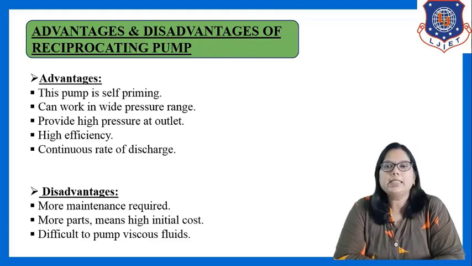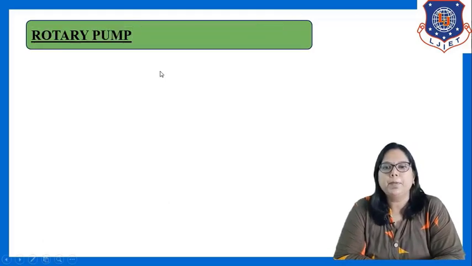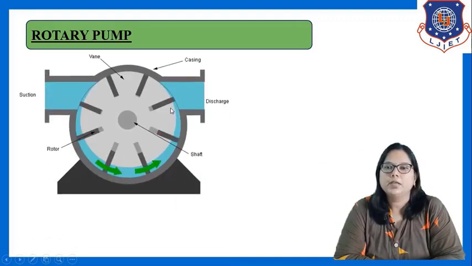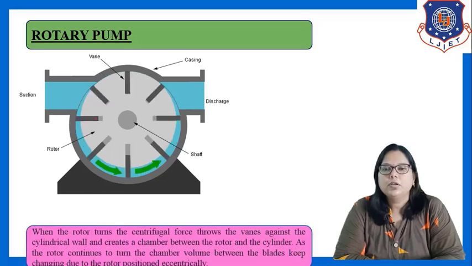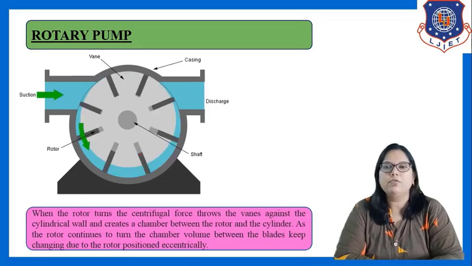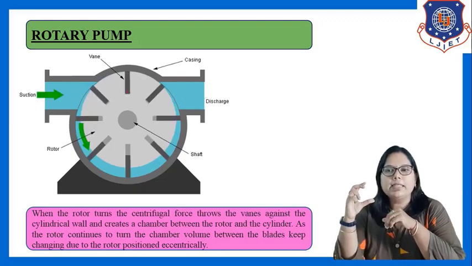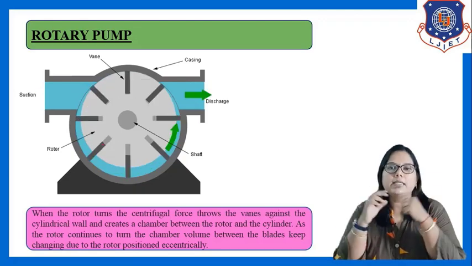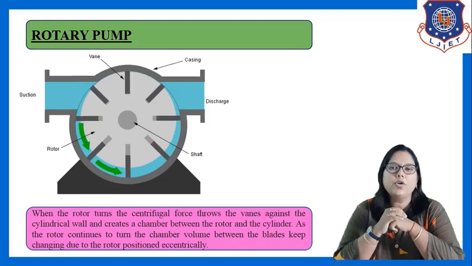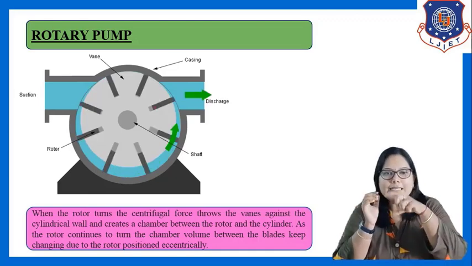Let us see the second type of positive displacement pump, which is rotary pump. You can see how it works. At one end there is a suction line, at another end there is a discharge line. In rotary pump, there is a casing.